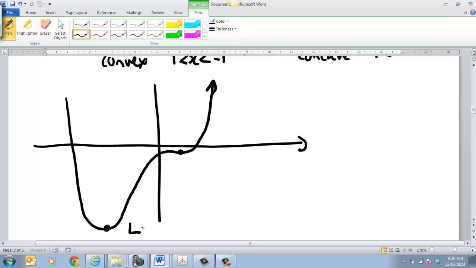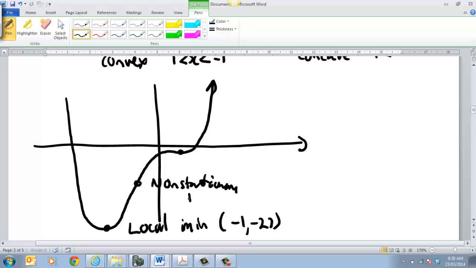So that's a local min at negative 1, negative 27. That is a non-stationary inflection, excuse my writing, at negative 1, negative 16.